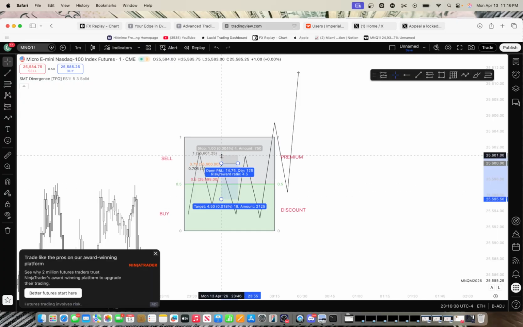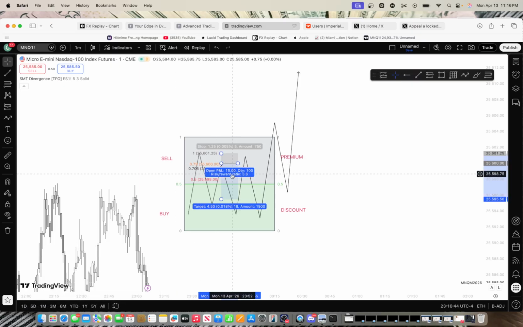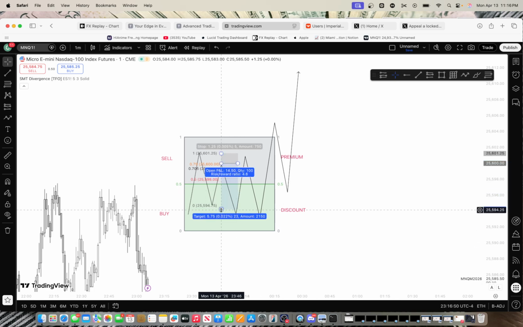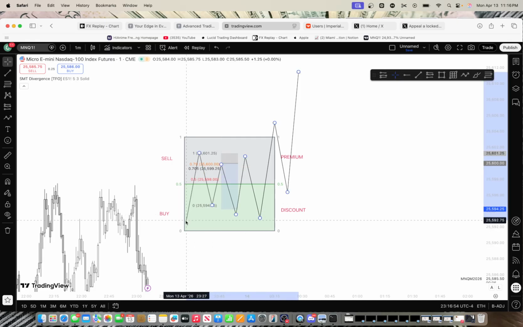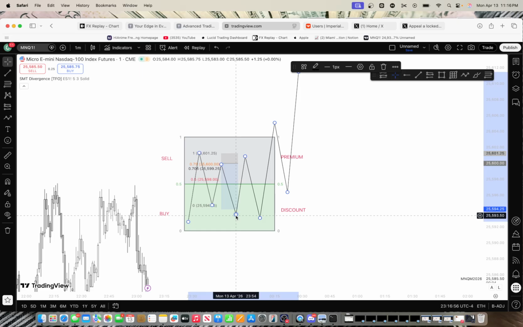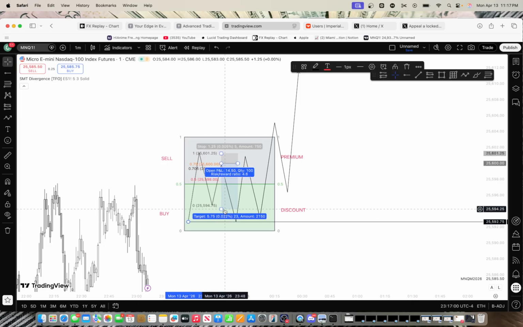I just do a 10 point stop loss, 10 minimum. Sometimes you could get away with a 2 point or 5 point stop loss, and that's the great thing about this model. Then you'd be targeting the next swing low or the external swing low, which could be somewhere down here. Say target down there, and that would catch you a lot of points.